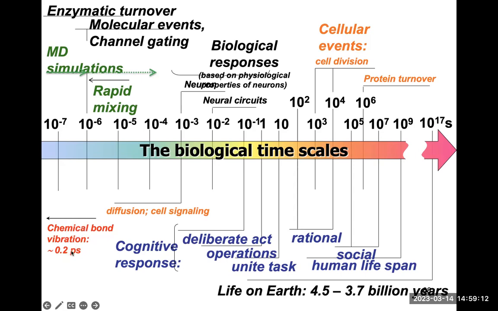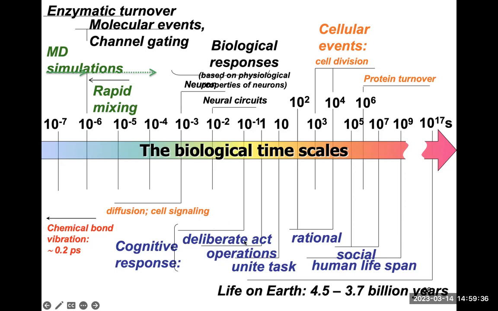It's less than a picosecond, 10 to the minus 12 seconds. So these bonds vibrate, shake a lot all the time. And then you have diffusion, cell signaling ranging from microseconds to tens of milliseconds.